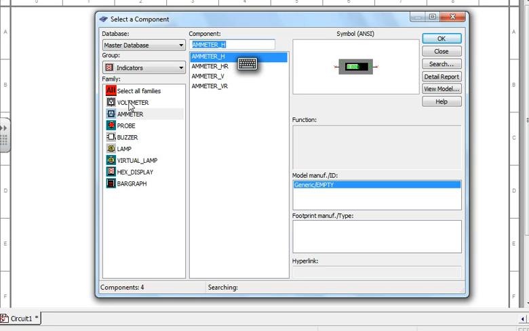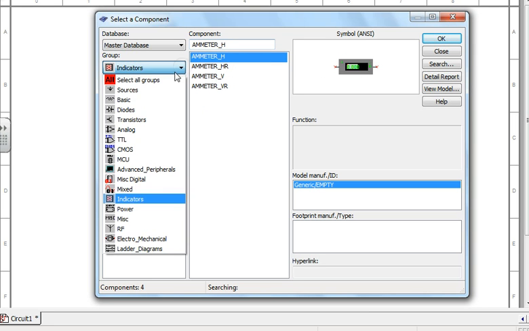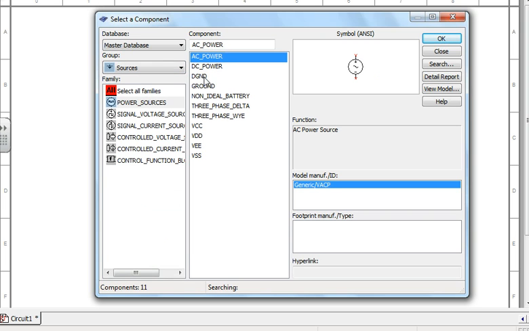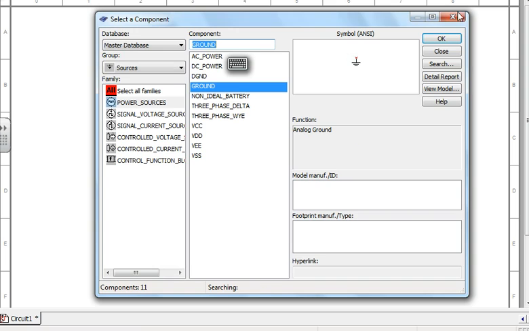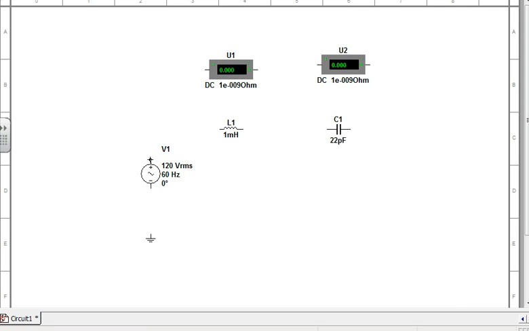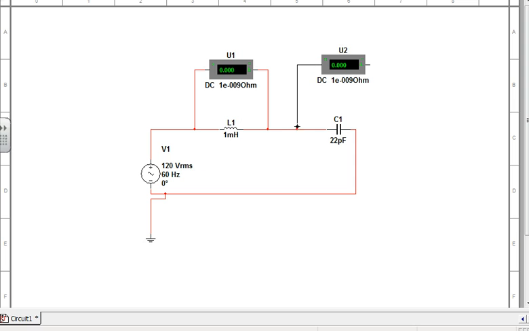And the only thing else I need is a lousy resistor, right? I need a ground. Okay, so I run that guy there, run this guy over here, that guy down there, ground over here. Boom, boom, boom, boom.